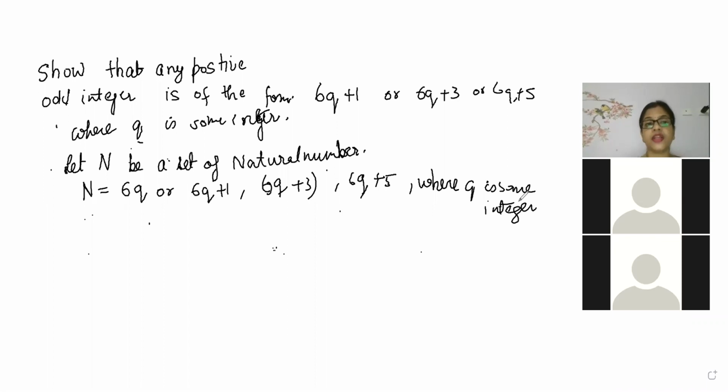Show that any positive odd integer is of the form 6q plus 1, 6q plus 3 or 6q plus 5, which means any positive odd integer will always come in this format. I'm not going very far.